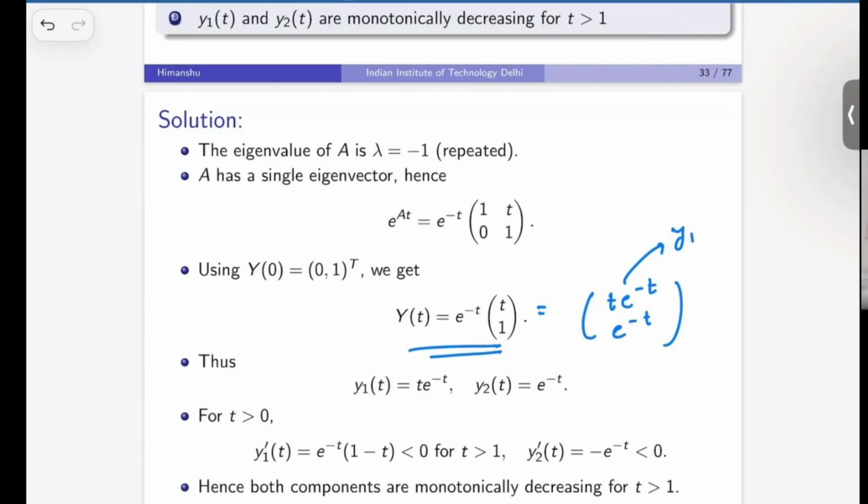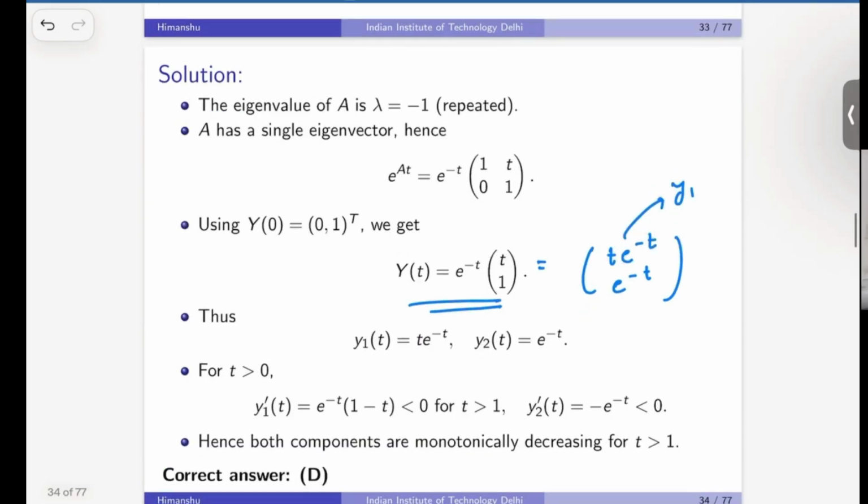My function is monotonically increasing when y dash t is greater than 0. Whenever it is greater than 0 in some domain, for that domain my function is increasing. We can see that our function is monotonically decreasing for t greater than 1.